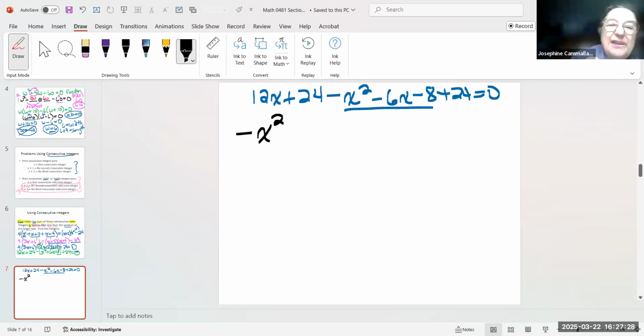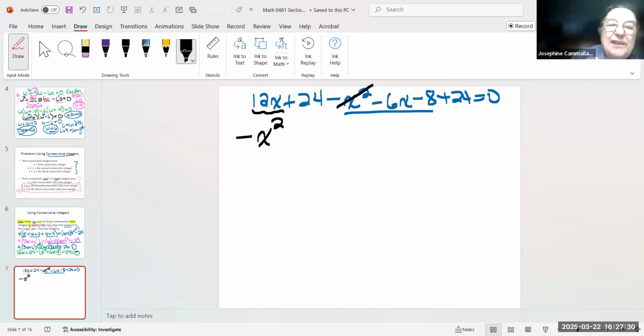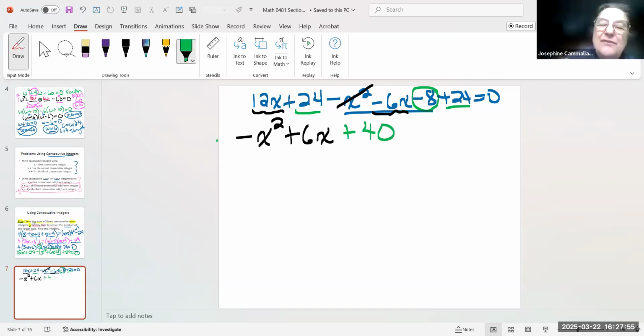Well, I've got to take 12x and a negative 6x. And then I have a plus 24, a minus 8, a plus 24. Well, I have 48. 24 plus 24 is 48. Minus 8 gives me a positive 40 is equal to 0.